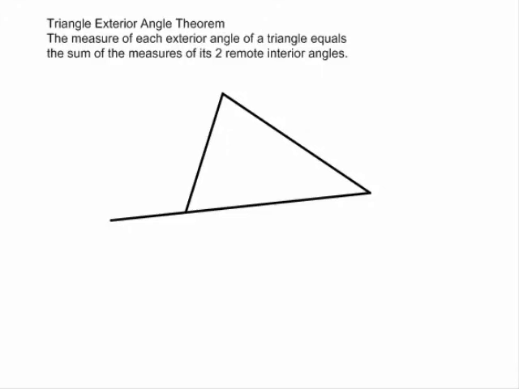What does it say? The measure of each exterior angle of a triangle equals the sum of the measures of the two remote interior angles.